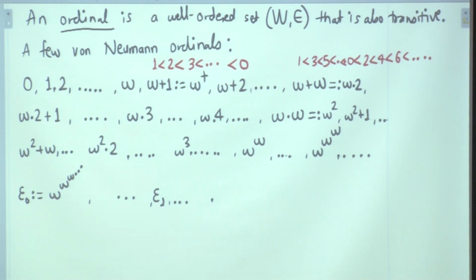So these are all well orders on the set of natural numbers. And how many well orders on the set of natural numbers can there be?